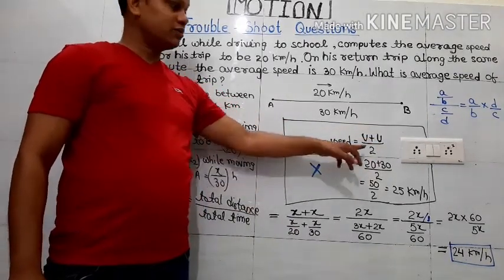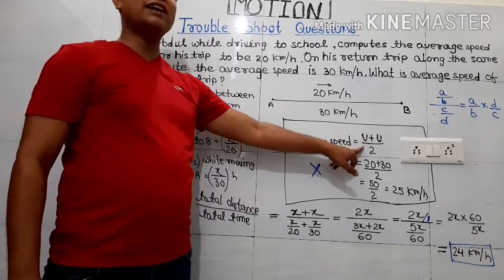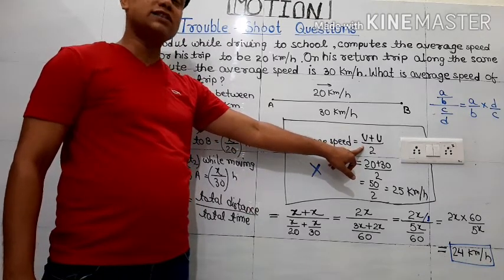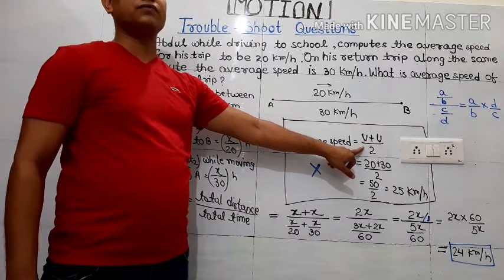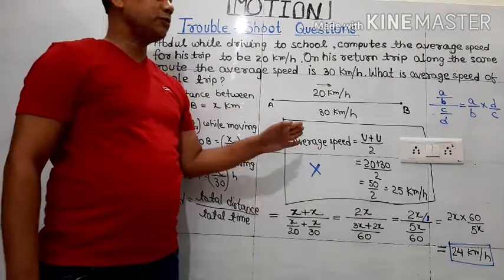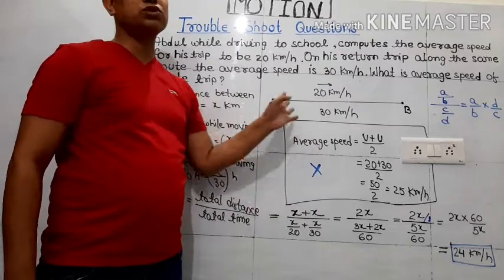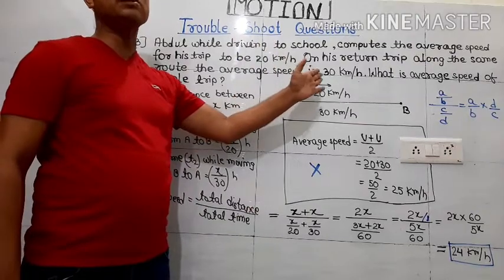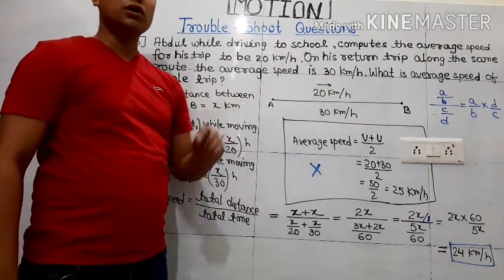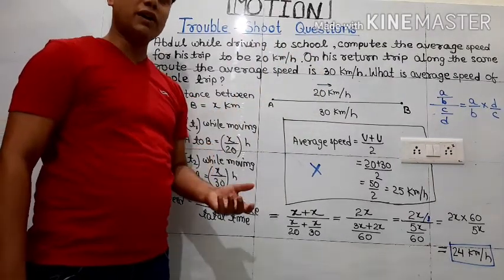This formula is only used for getting the average velocity when a body is doing uniform acceleration. But we misunderstand that this is a situation of uniform acceleration. In the question, nowhere it is mentioned that it is a situation of uniform acceleration. So how can we apply that?